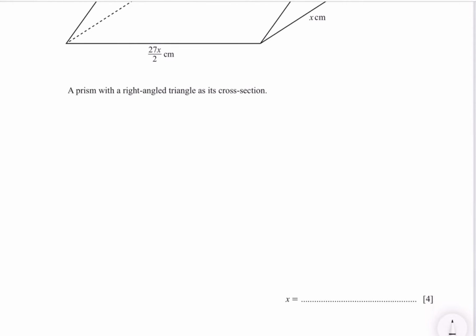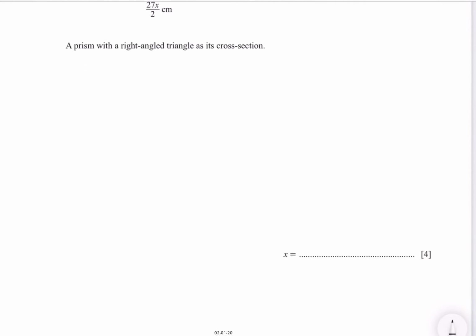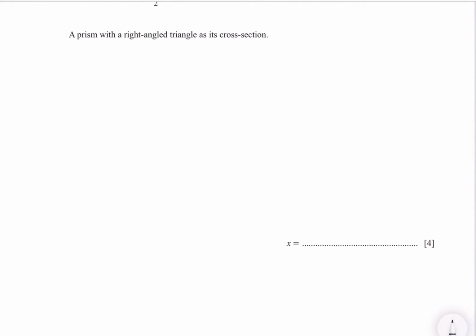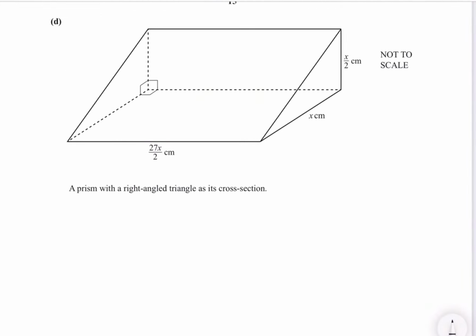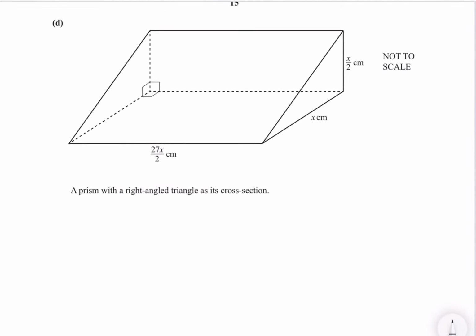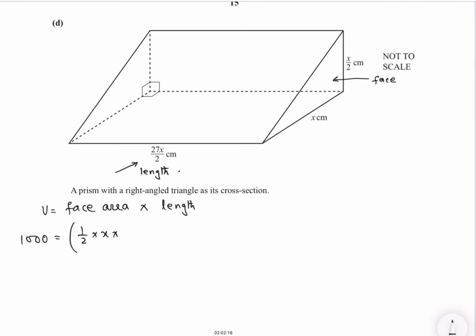A prism with a right angle triangle as its cross section. Okay. Its volume is face area into length. This is face area into length. This is length. So 1000 equals face is a right angle triangle.